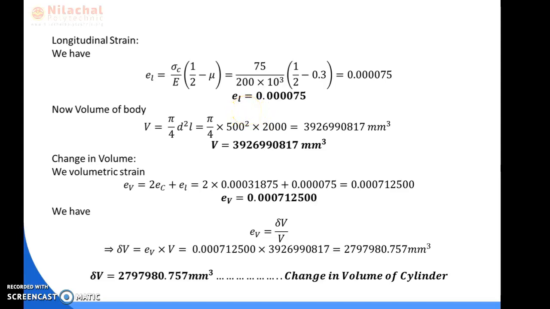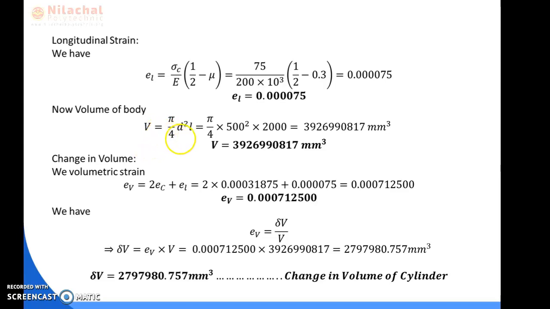After finding out the value of longitudinal strain and circumferential strain, we will go for calculation of volumetric strain. Now, before volumetric strain, we have to calculate the volume of the body.